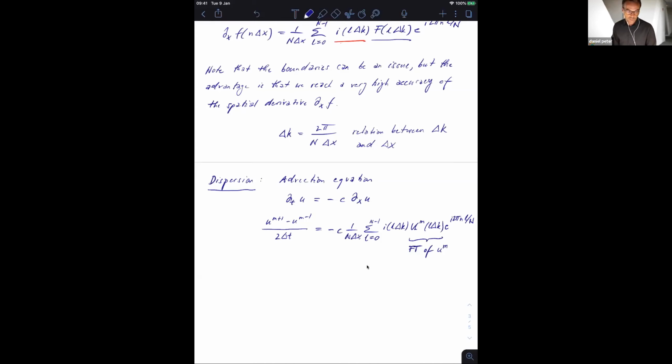So you can put this together then, and what we are looking for is basically the stability condition. You have the whole derivation in the notes.